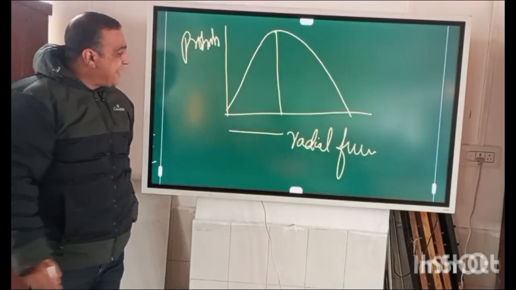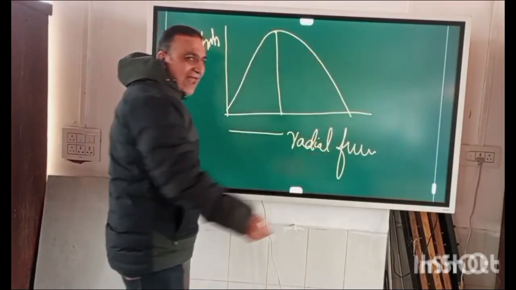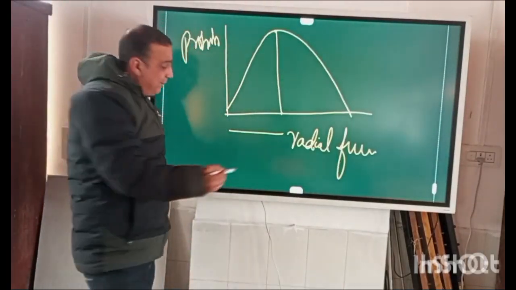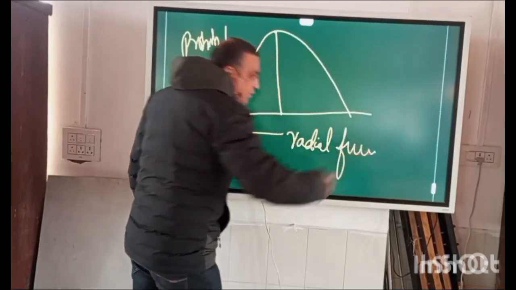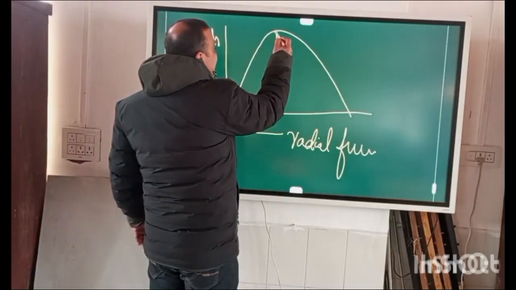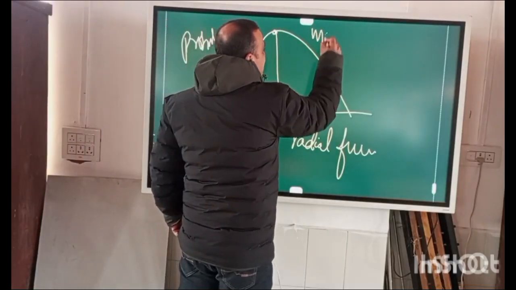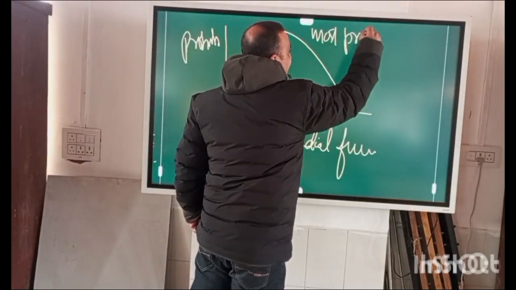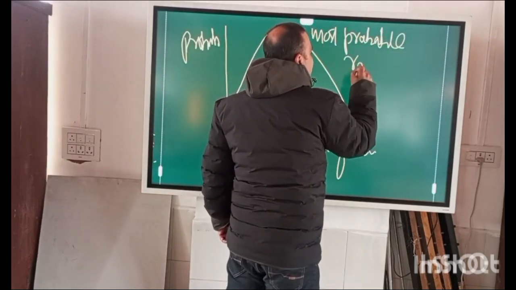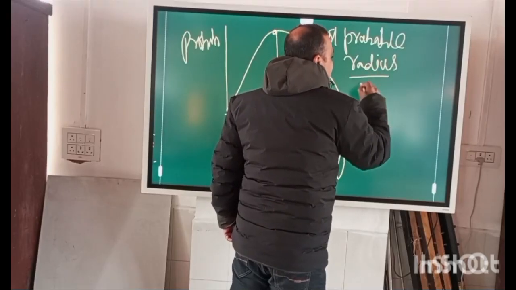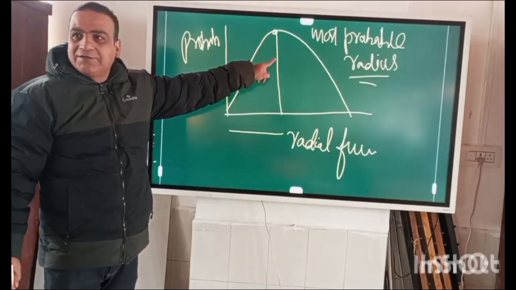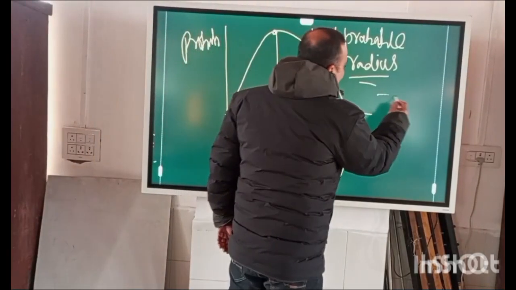And everywhere on this graph you have the probability of an electron being there, because the x-axis of this graph is the radial function, right? So this is the most probable radius. And you know, this most probable radius is simply equal to Bohr's radius.